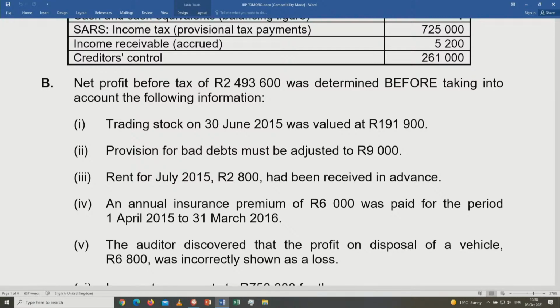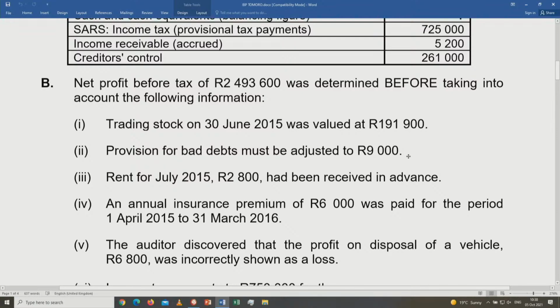Remember, again with this one, in our income statement, our provision for bad debts adjustment can either be a profit, can either be an income recorded, meaning in our income statement we will record that under other operating income, or if it is a loss, then we'll record that under operating expenses.